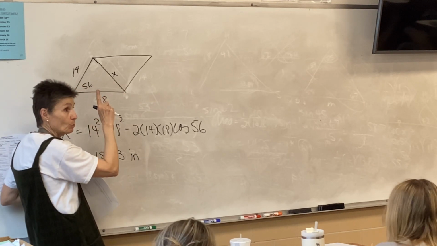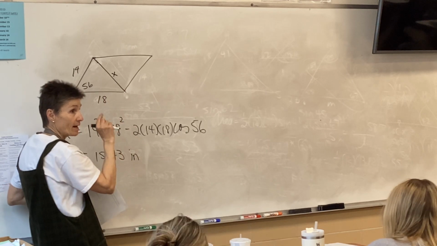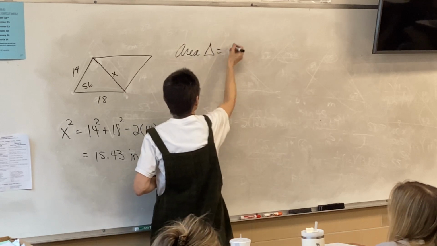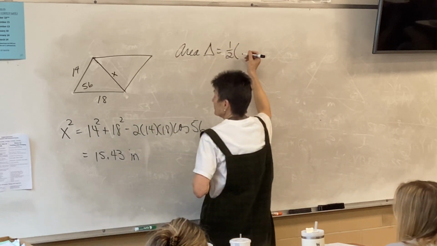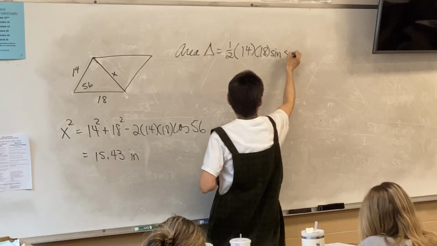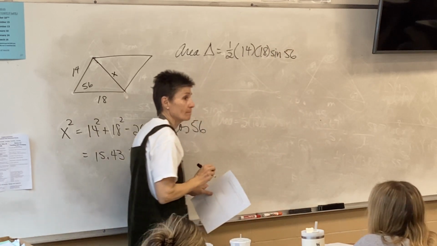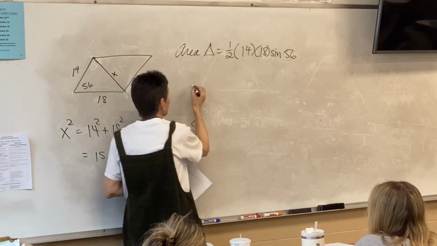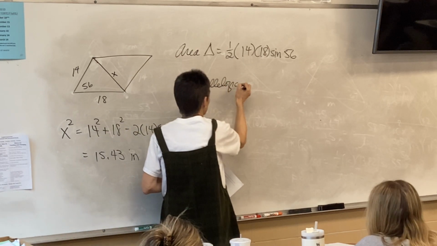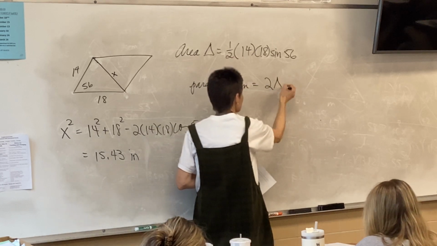Now I'm gonna do 1/2 side, side, sine. So the area of the triangle is 1/2 times 14 times 18 times sine 56. But the area of the parallelogram will be 2 of those.